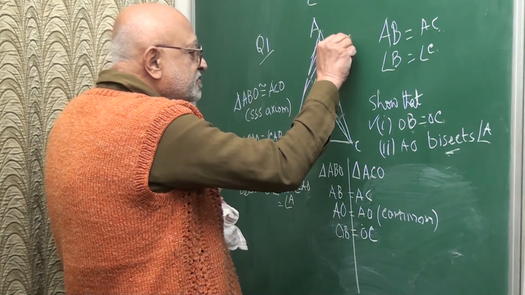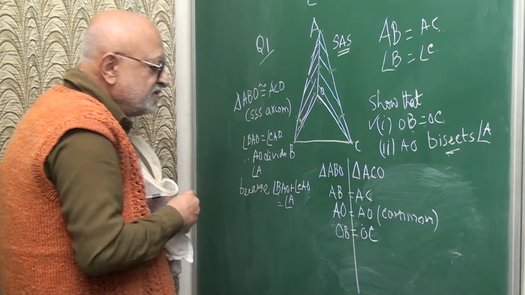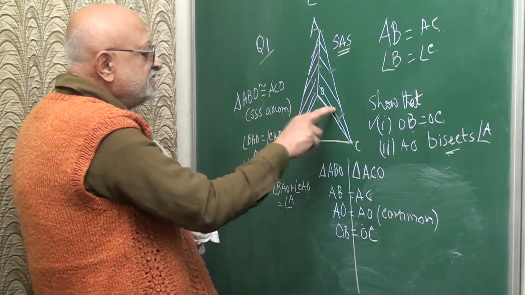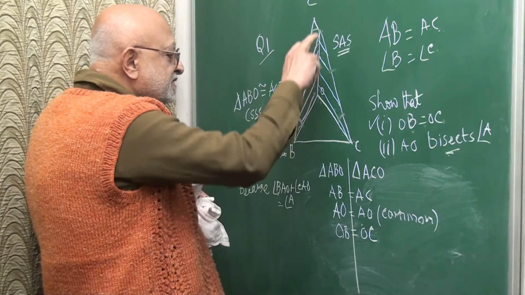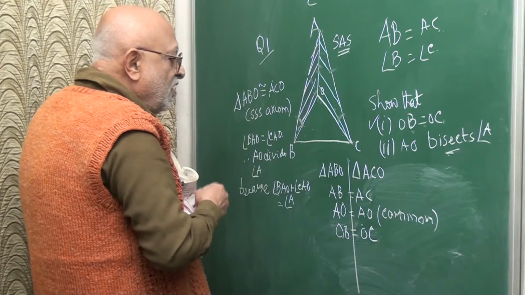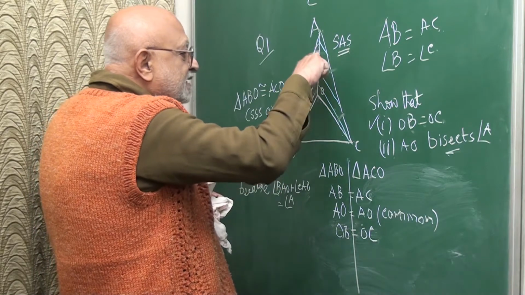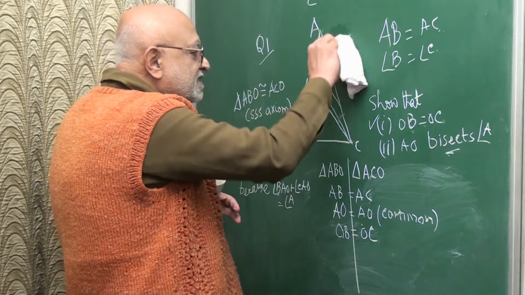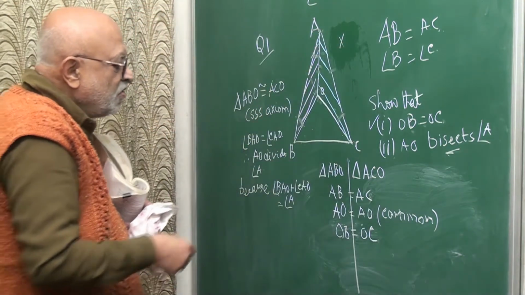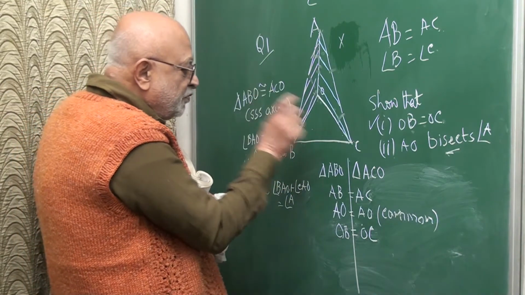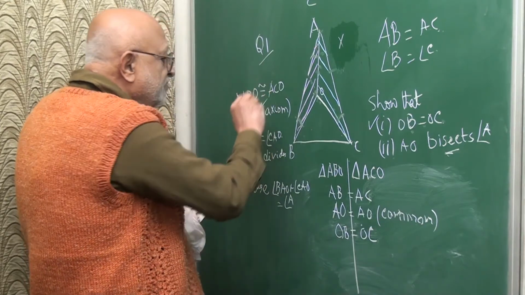But you cannot prove it that way, because this is not the included angle here. So this process is also wrong. The only way you can do it is to prove by the SSS axiom.